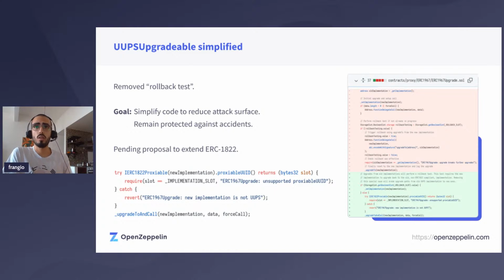And a proxy that was upgradable suddenly becomes not upgradable anymore. And the fact that that can happen accidentally can be concerning in many situations. So we wanted to have a mitigation for that.